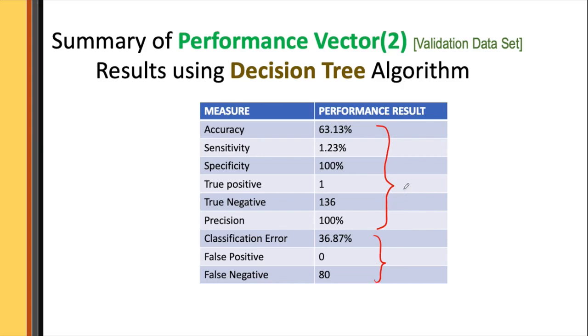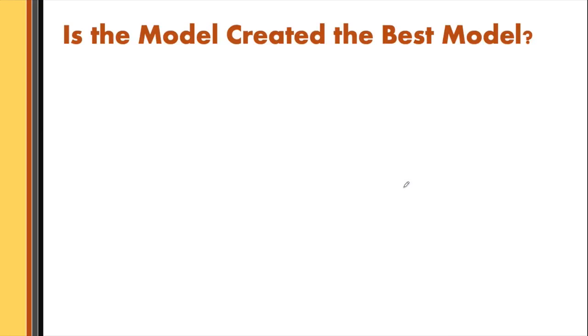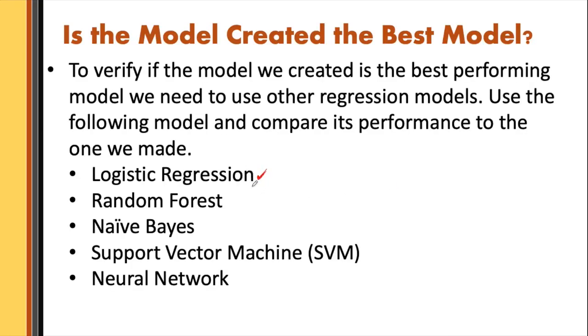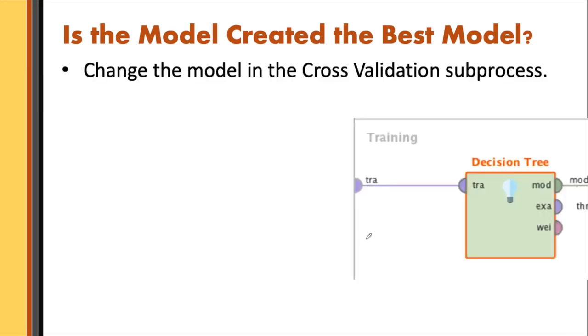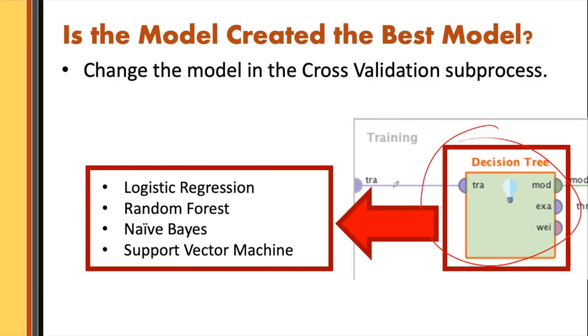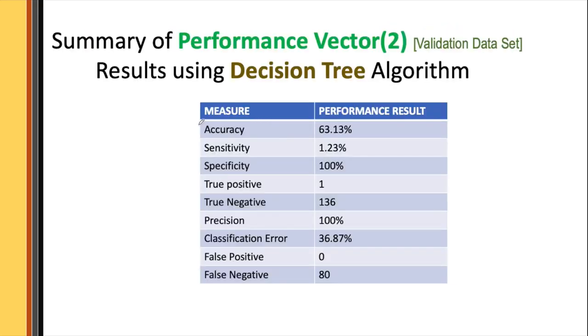Now, this will be compared using other algorithms or other models such as logistic regression, random forest, naive Bayes, and support vector machine. So all you have to do is to change the model in the cross-validation sub-process, change that to logistic regression, to random forest, to naive Bayes, and to support vector machine, and measure its performance using these criteria.